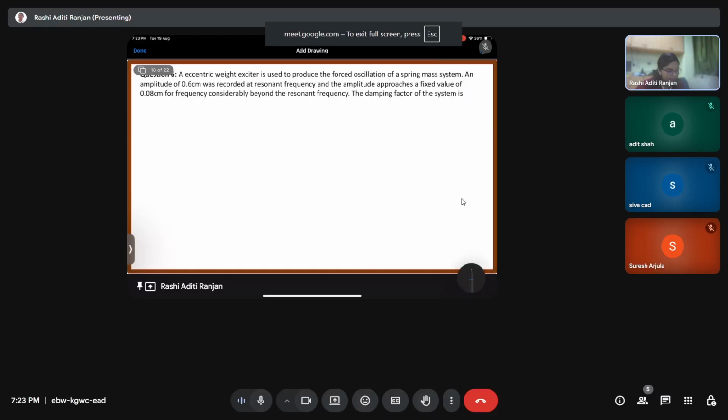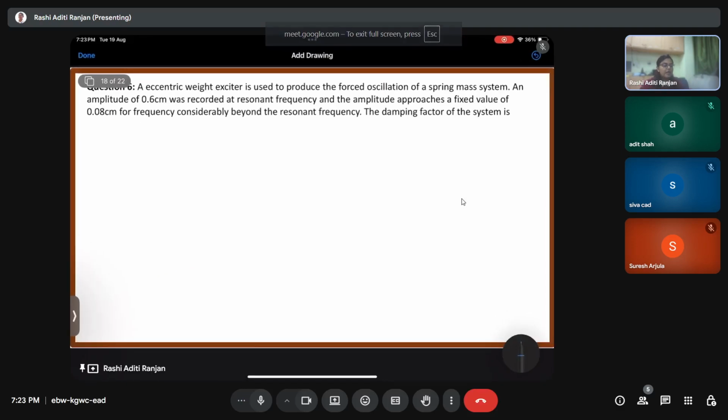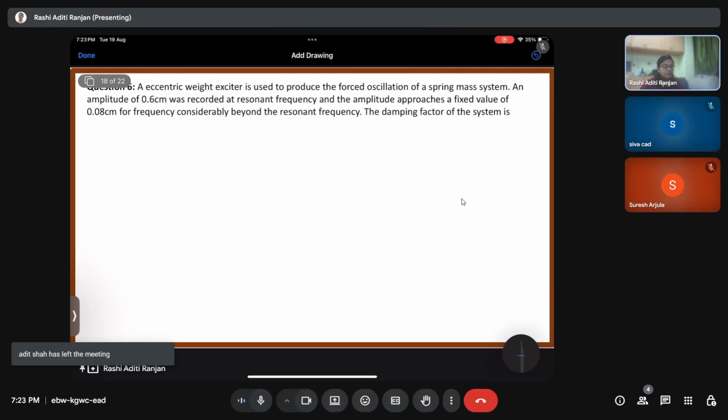An amplitude of 0.6 centimeter was recorded at the resonant frequency, and an amplitude approaches a fixed value of 0.08 centimeter for frequency considerably beyond the resonant frequency. So we need to find out the damping factor of the system.